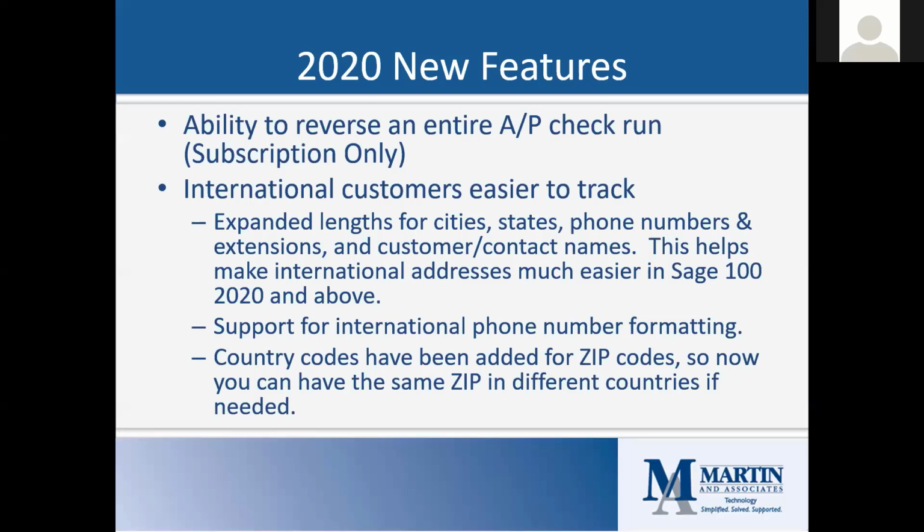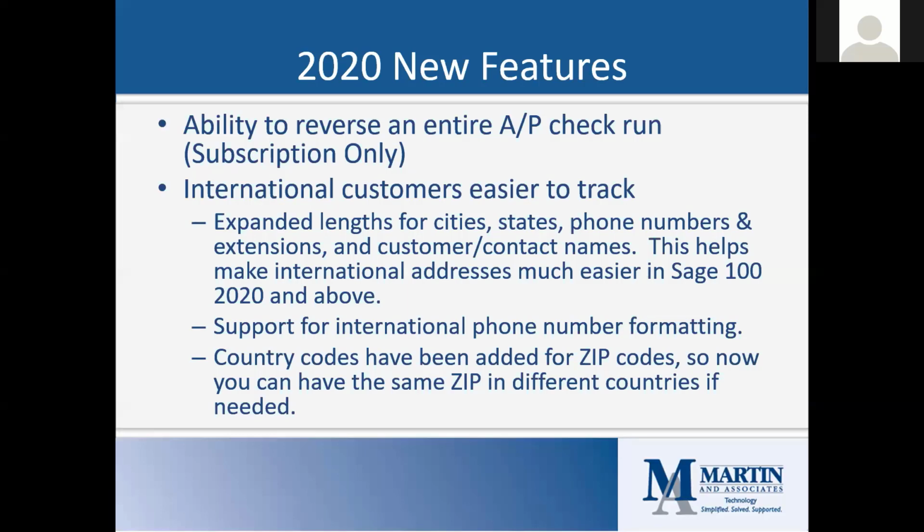In prior versions, prior to 2020, you had to go through a manual check entry and, one at a time, reverse all those checks out. In the 2020 version, they added an option to reverse an entire AP check run. So whether it's one check or 200 checks, it will reverse all of them for you at one time with this new feature. We'll look at some of these as we get into the software here in a minute.